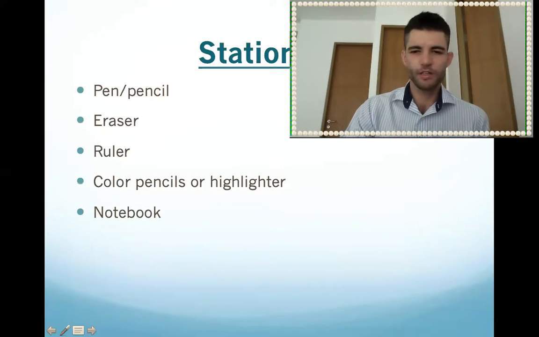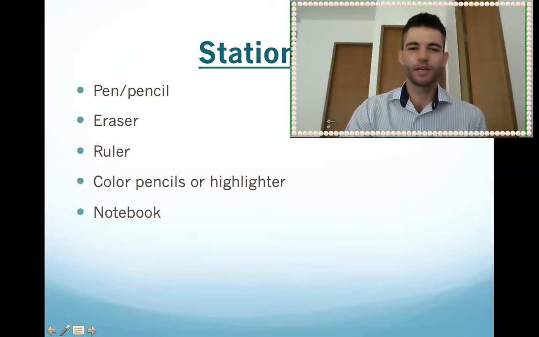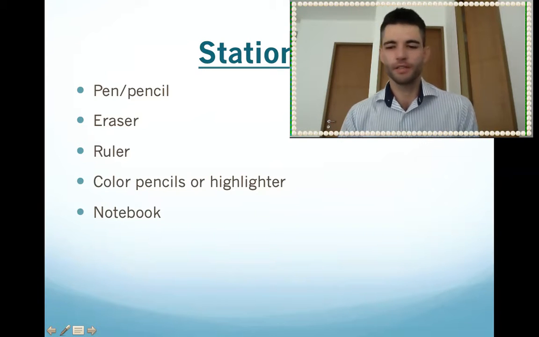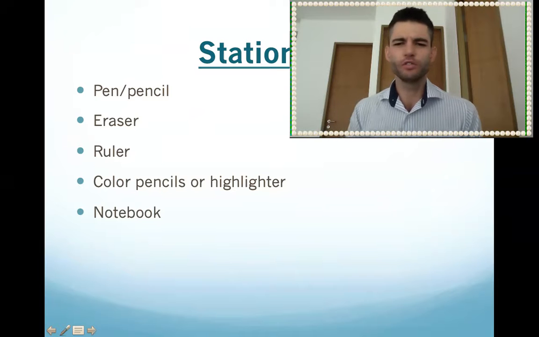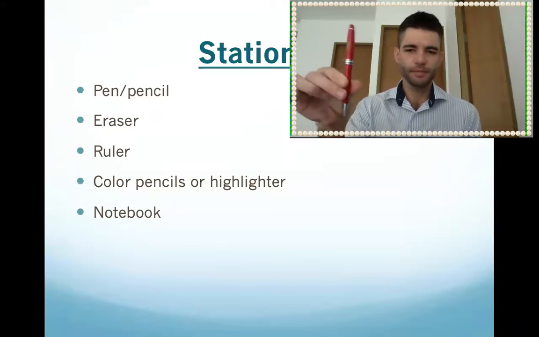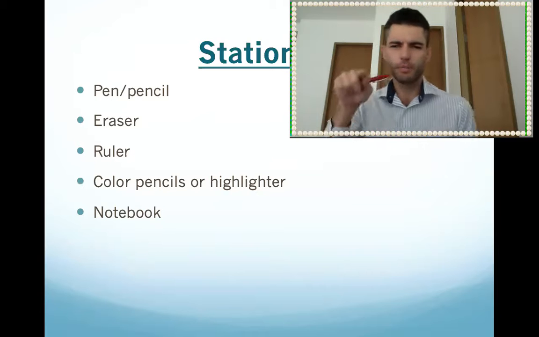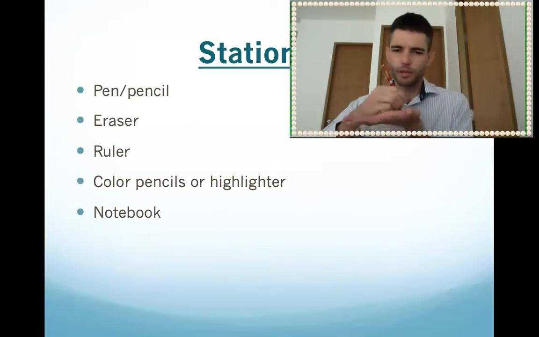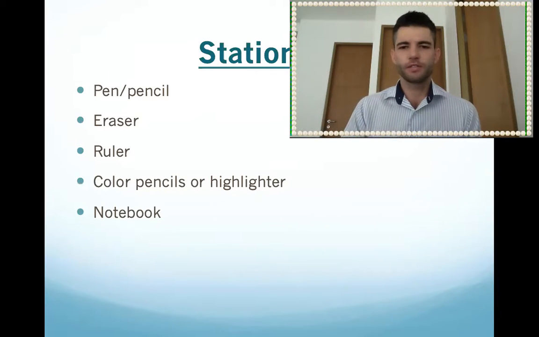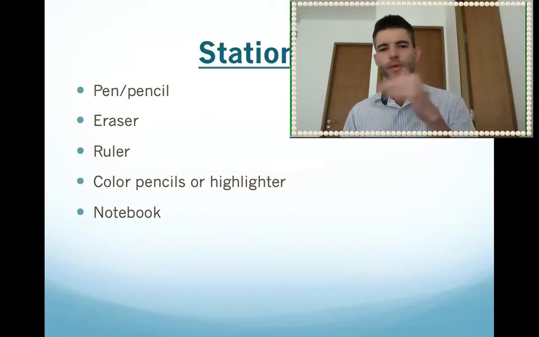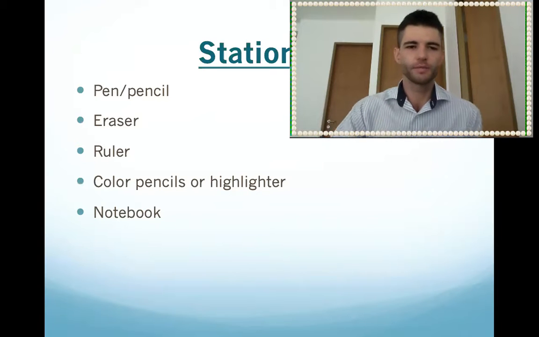But first, we're going to look at stationery. These are things we can use during our lesson, like a pen or a pencil for writing. You can pause the video and you can make notes. That's very important. Or you can go back later and make some notes. So it's up to you.